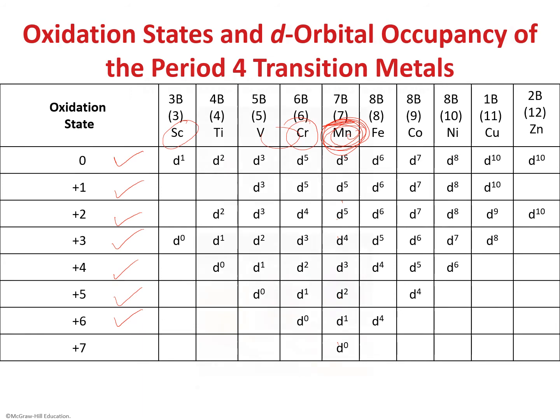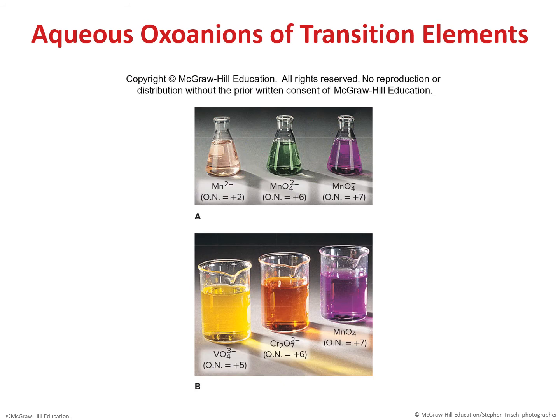For instance, this is manganese 2+, where the oxidation number is +2. This is MnO4 2-, where the oxidation number of manganese is +6. This is MnO4 -, where the oxidation number of Mn is +7. So each of these solutions has a different oxidation number of Mn. It's still manganese, but they have different oxidation numbers and they have different colors.